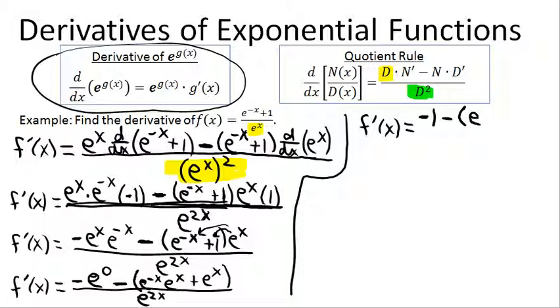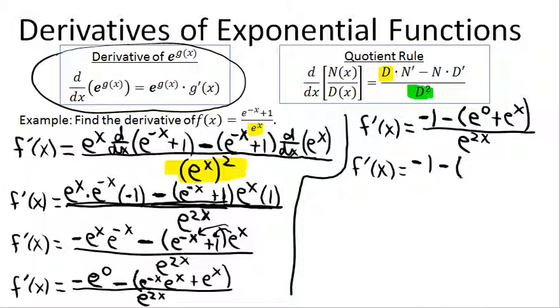So again, you have another e to the 0 popping up here, and then plus e to the x. It's just a lot of arithmetic and algebra at this point. You've done all the calculus. Continuing, you get minus 1 minus, now e to the 0, as we discussed earlier, is 1, so you get 1 plus e to the x.